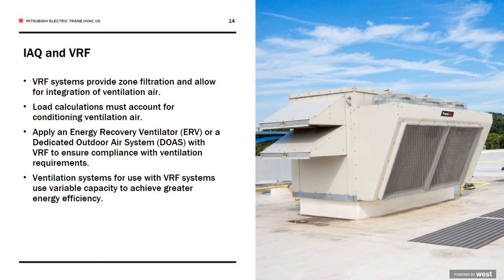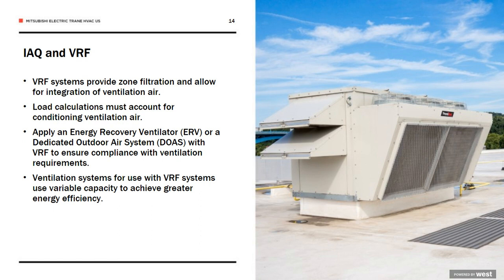Indoor air quality. Oftentimes when we talk about VRF, we spend a lot of time with the variable refrigerant flow system, but we actually don't talk about the outside air requirements. So in virtually all VRF applications, one of the components is outside air. You need to bring fresh air into the building.